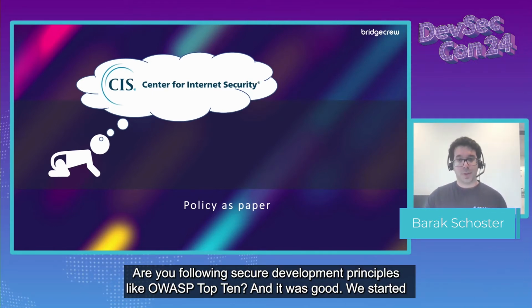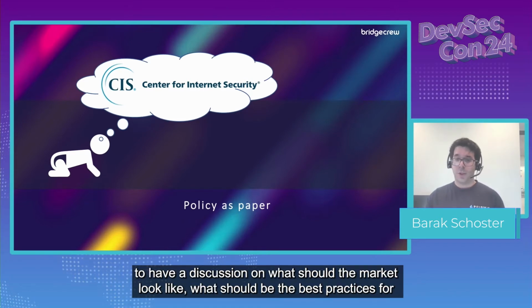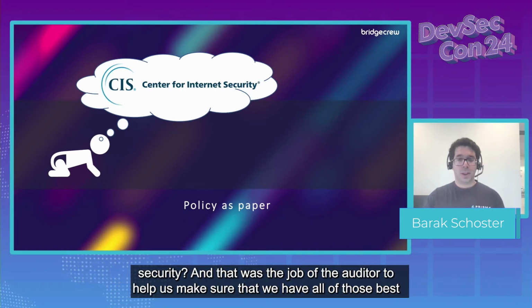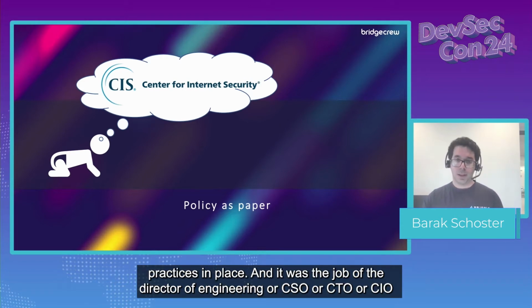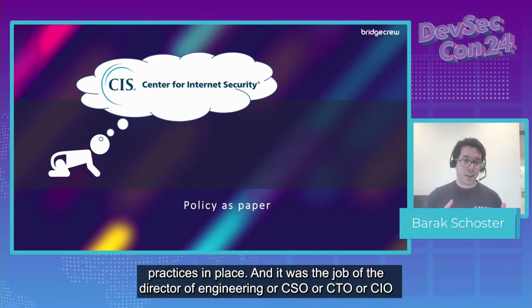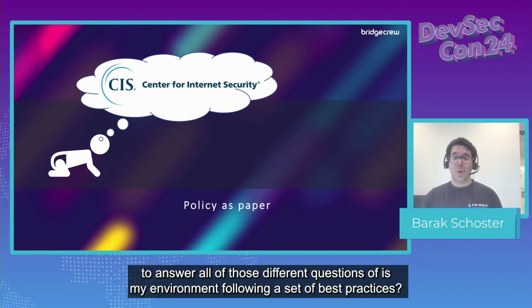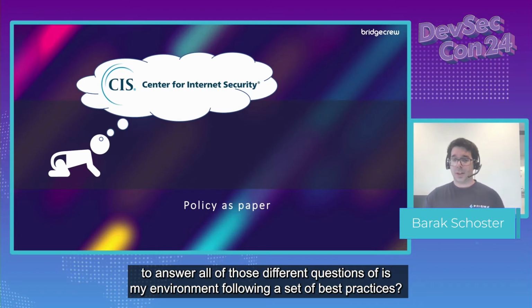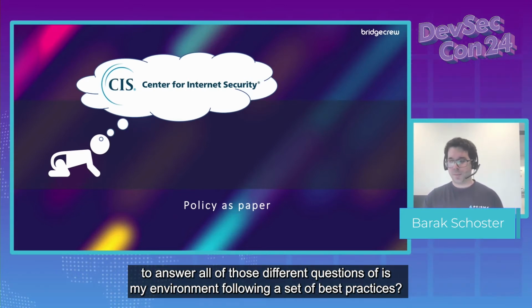And it was good. We started to have a discussion on what the market should look like. What should be the best practices for security? And that was the job of the auditor, to help us make sure that we have all of those best practices in place. And it was the job of the director of engineering or CISO or CTO or CIO to answer all of those different questions of, is my environment following a set of best practices?